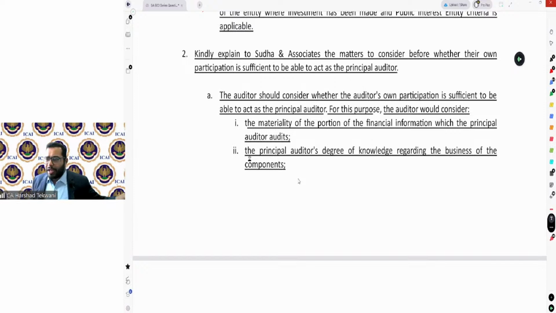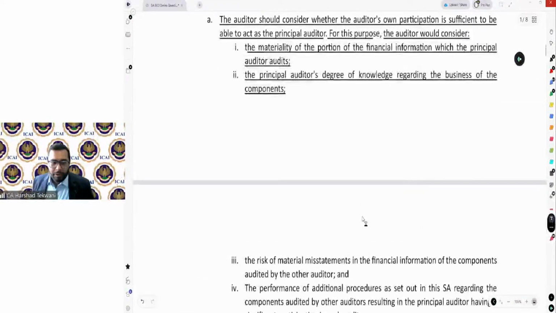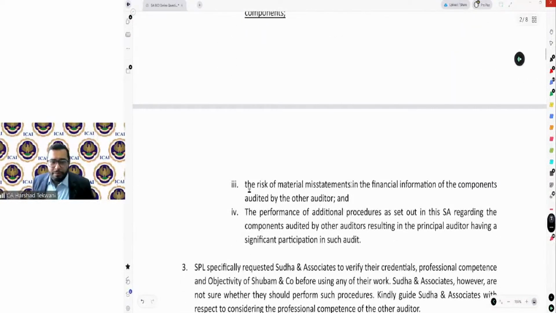I have the knowledge of the parent entity because I'm the auditor of the parent entity. But again, how much knowledge I have of the components' business, that's the more important part. Number three, the risk of material misstatement in the financial information of the component audited by other auditors: how much and where the risk of material misstatement lies.